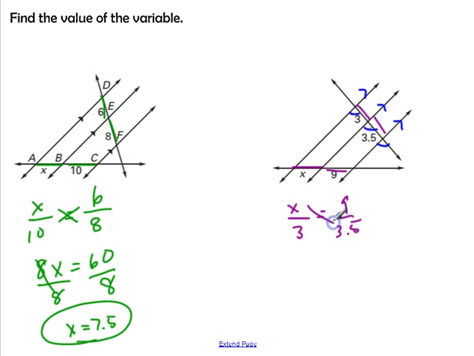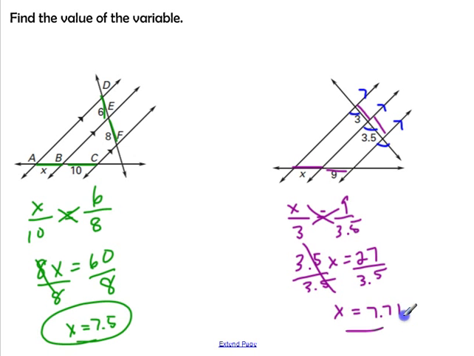And then we can cross multiply and solve. So we get 3.5 times x is equal to 27. And if we divide both sides by 3.5, then we'll get x is equal to 7.71, rounded to 2 decimal places.